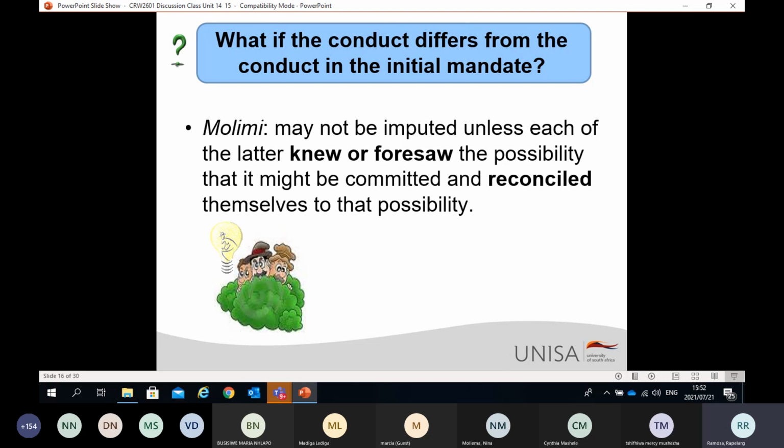So the word knew is dolus directus, and the words foresaw and reconcile are dolus eventualis.